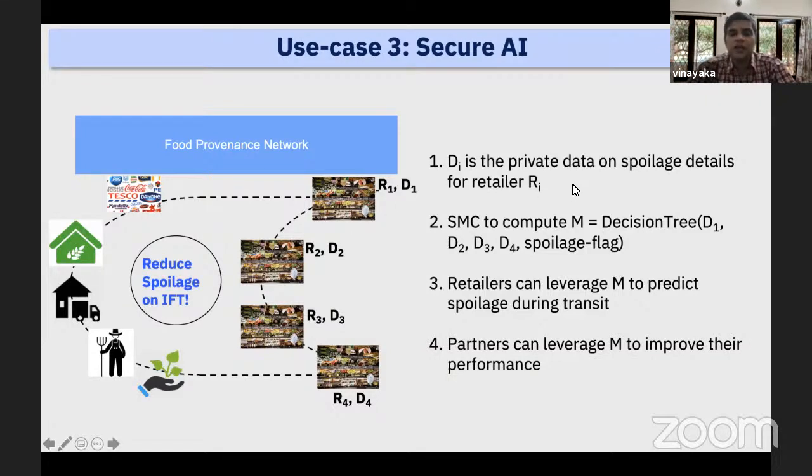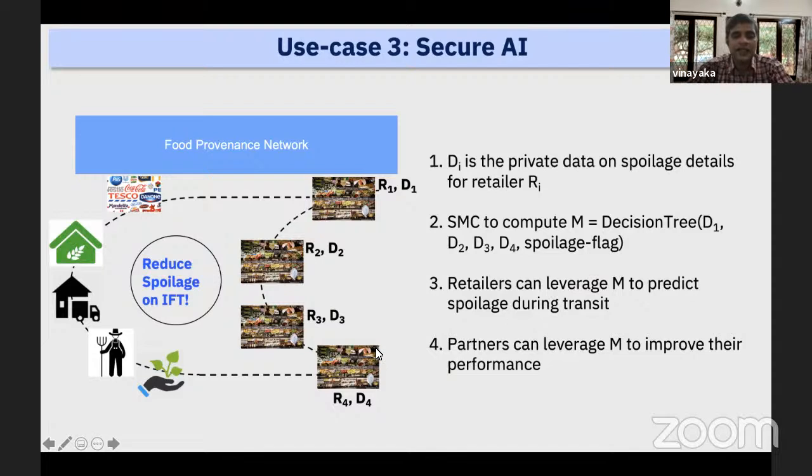So the way they do this is they reduce it to a multi-party computation of computing a decision tree on this data D1, D2, D3, D4 with the spoilage flag. Okay. And once they get this model M, which is the decision tree model, everyone can use it to predict the spoilage during the transit.